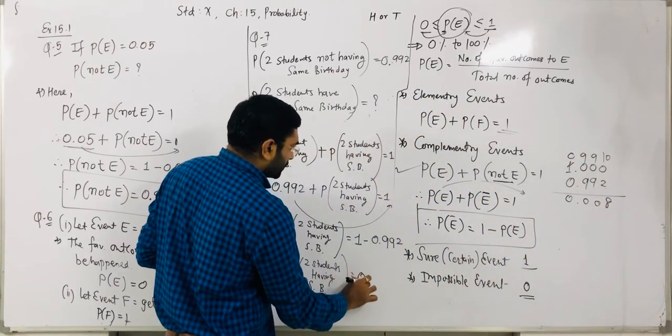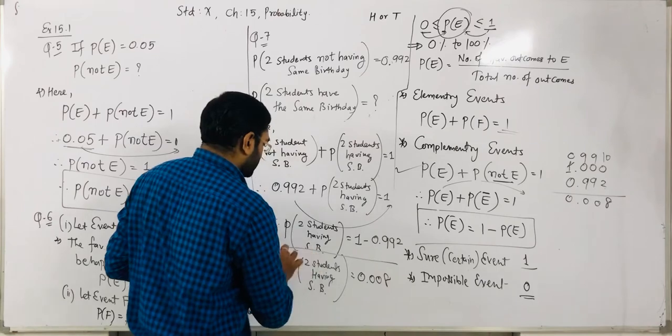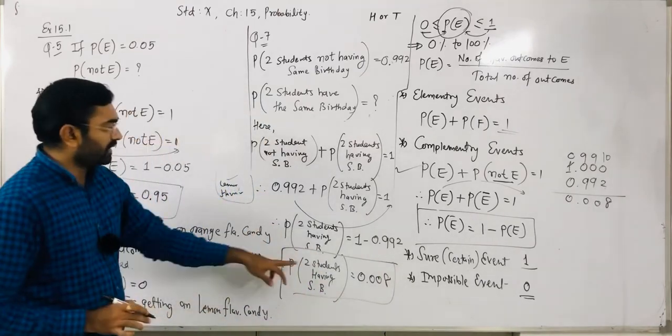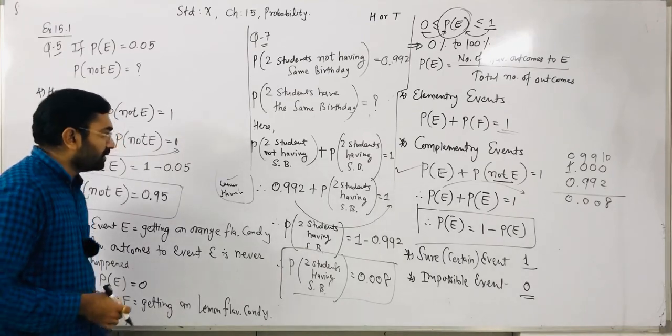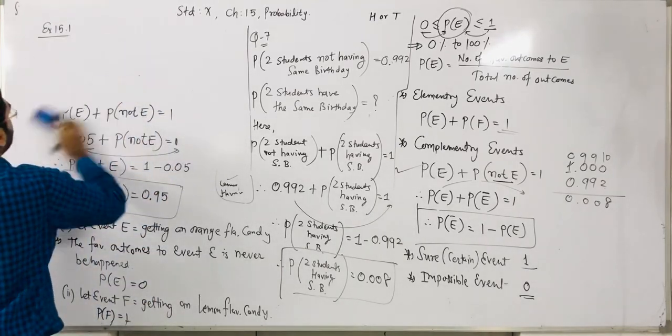So we get 0.008. This is the probability of two students having the same birthday. That way we have to solve question number 7.